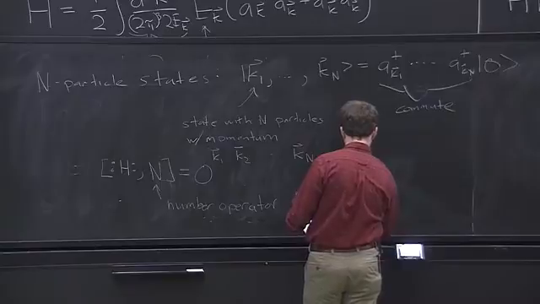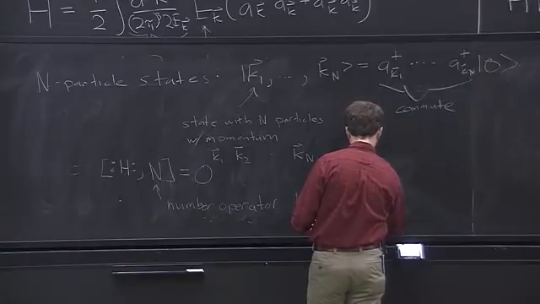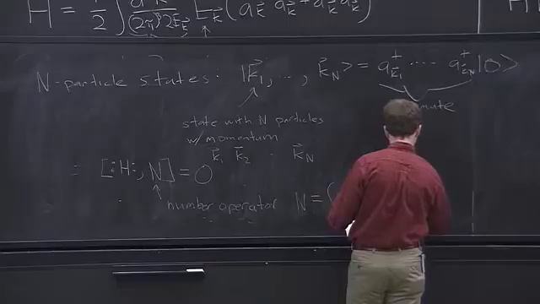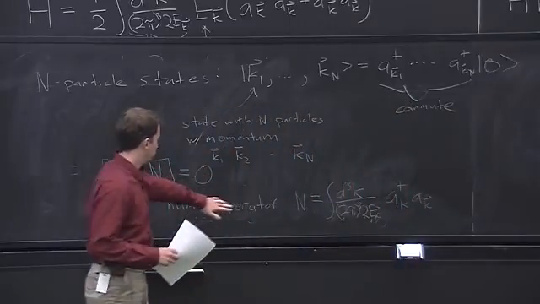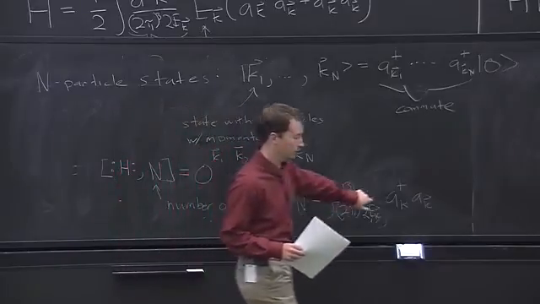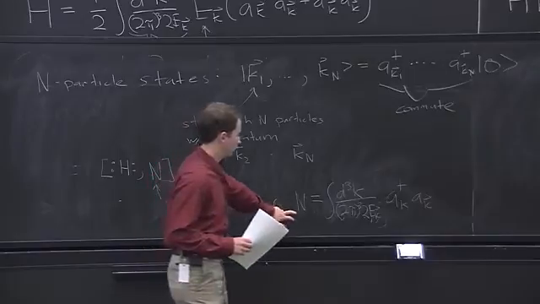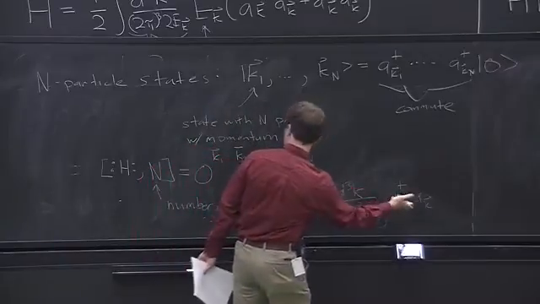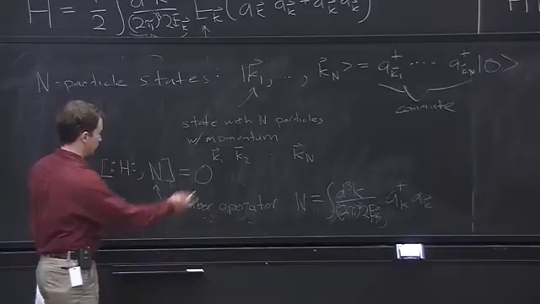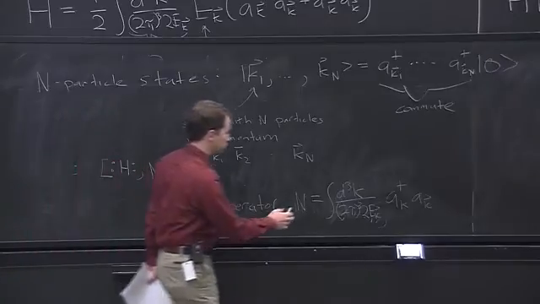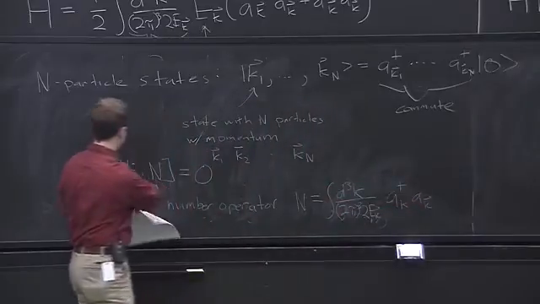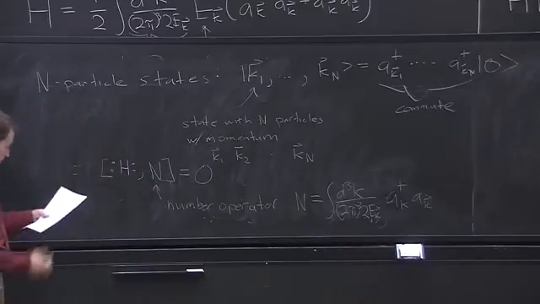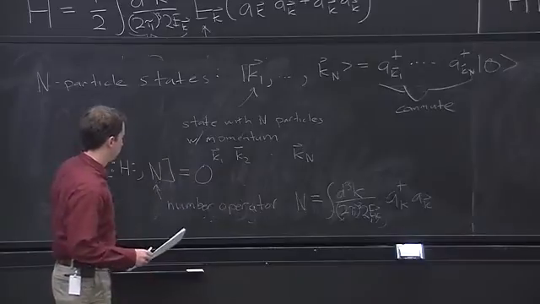So if we want to count the number of particles, we just integrate over all of the momenta A dagger K, A K. But this is basically the same operator as the Hamiltonian, just without the extra factor of E. So it's a closely related operator, and it's not hard to show that these commute. So particle number is conserved.